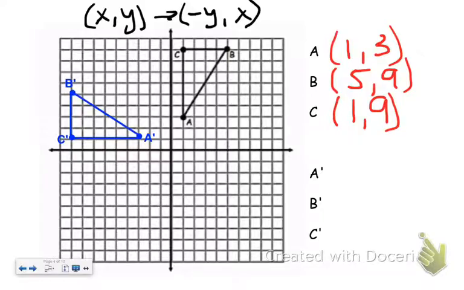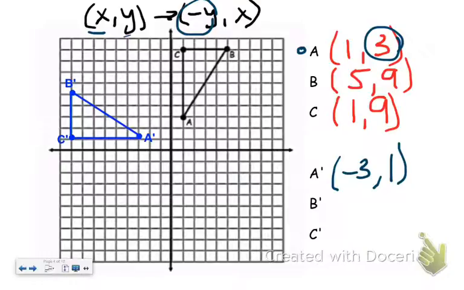So again, the rule that we are using is that for every x and y, our new x value is going to be the opposite of whatever the y value is. So in point A, since our y value is positive 3, our new x value for A prime is going to be the opposite of that, which is a negative 3. And our new y value for A prime is whatever x was in the pre-image.